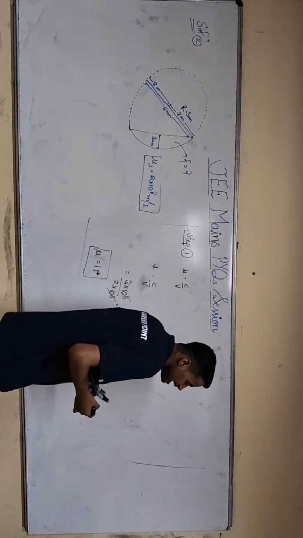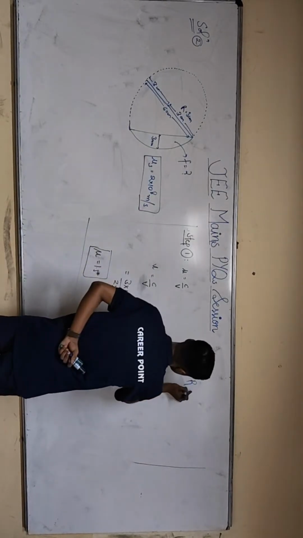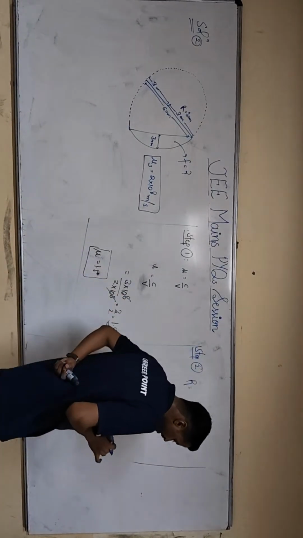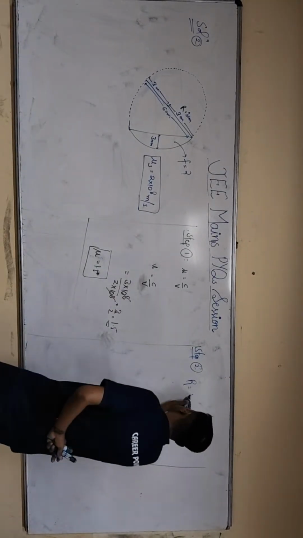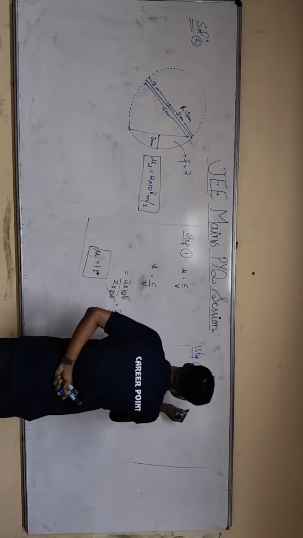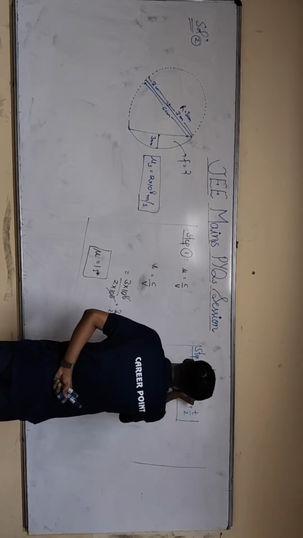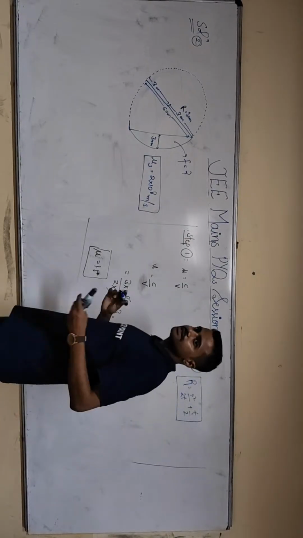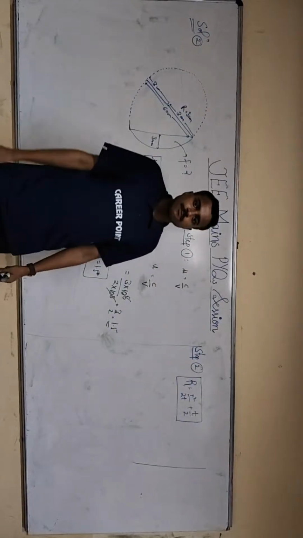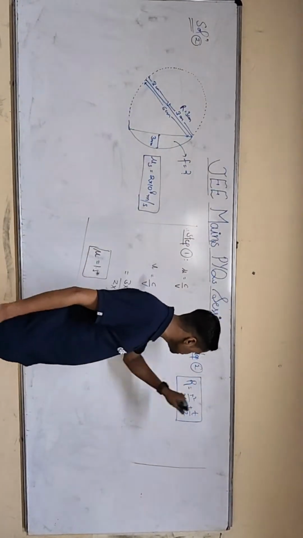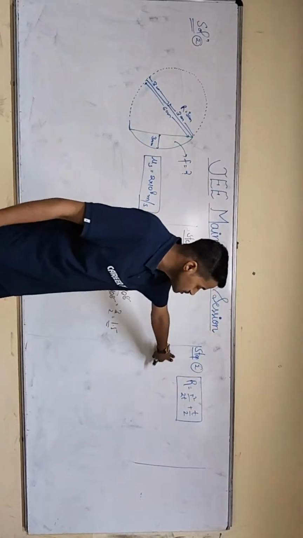For a thin lens, the radius of curvature is calculated by the formula R equals r square upon 2t plus t by 2. This is the formula we use when we have to calculate the radius of curvature for a thin plano convex lens.